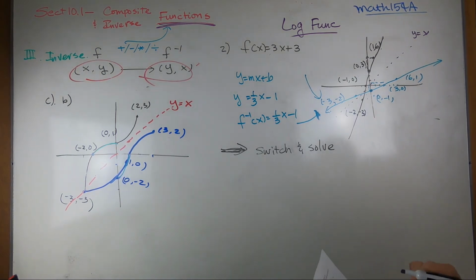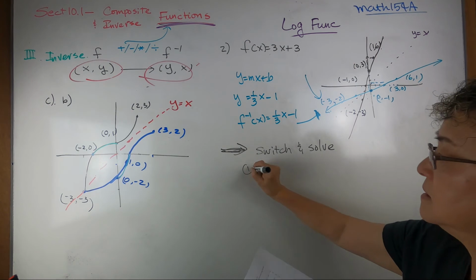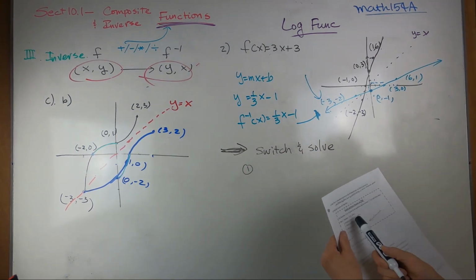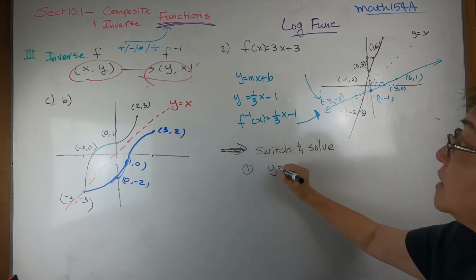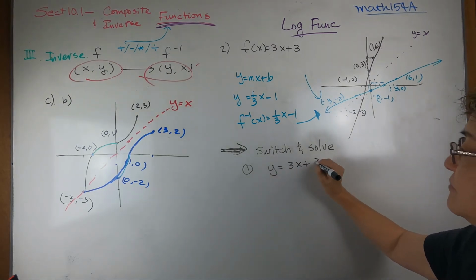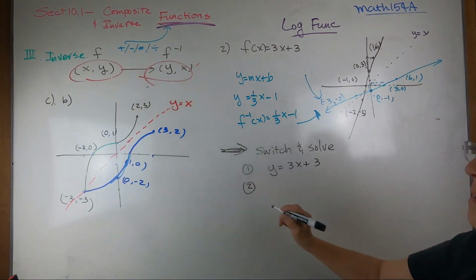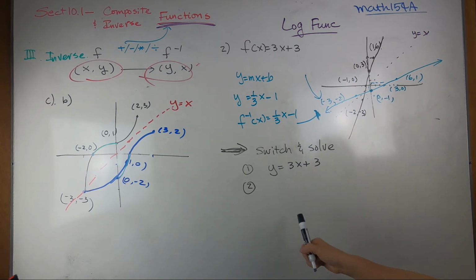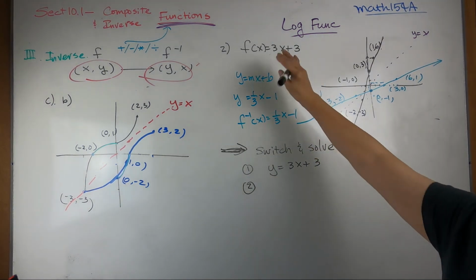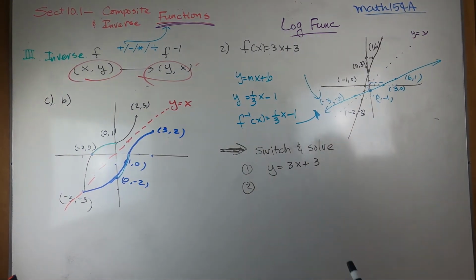Let's see. First, it says replace f of x with y. Okay? So you do y equals 3x plus 3. Right? The method is called switch and solve. Then the second step is you have to switch your x and y.